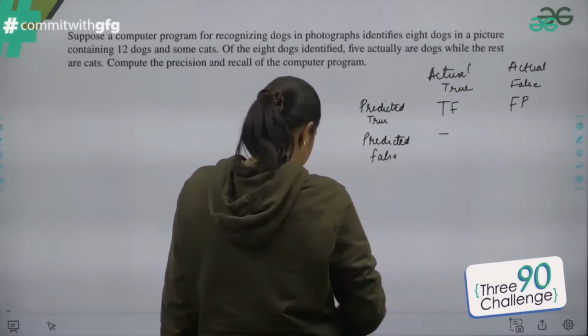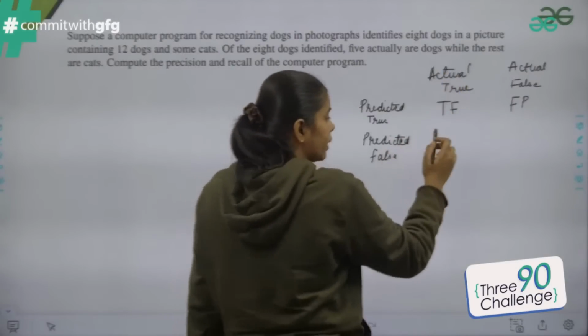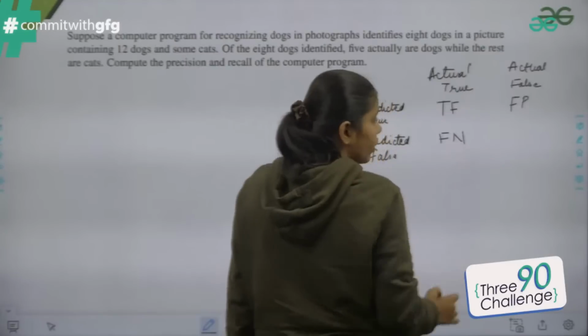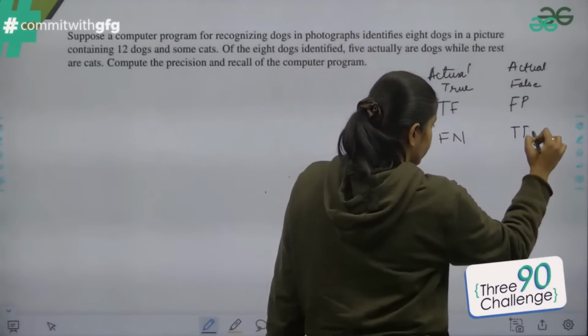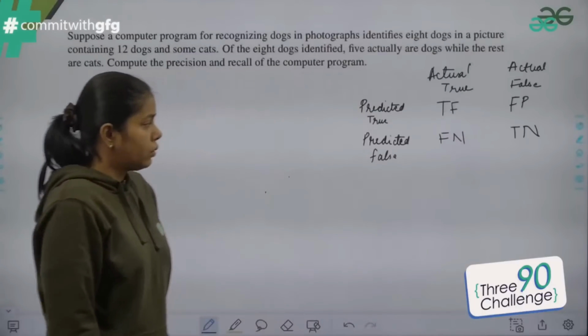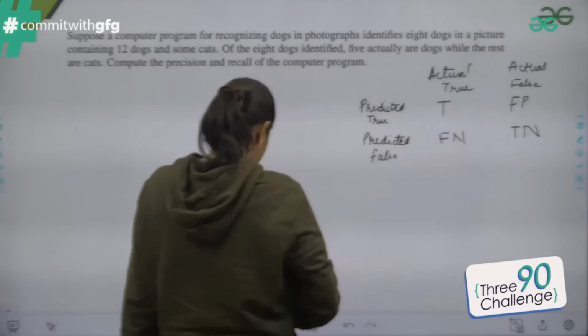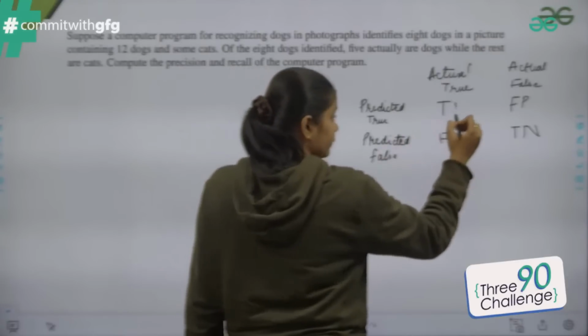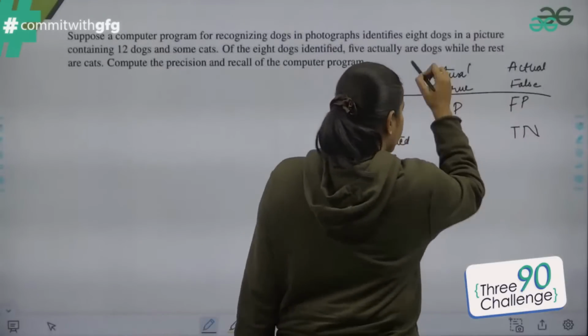Then here is false negative, because it is actually true but we have predicted negative. And we have predicted true negative here, true positive, sorry. It would be true positive. So this is my true positive and true negative case.